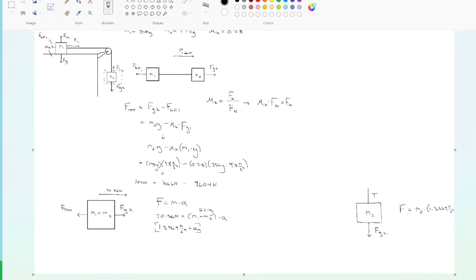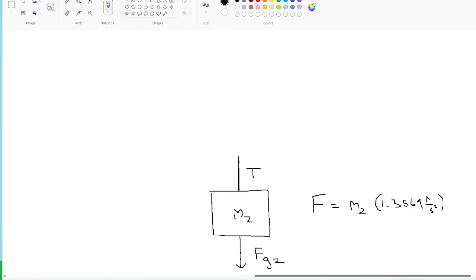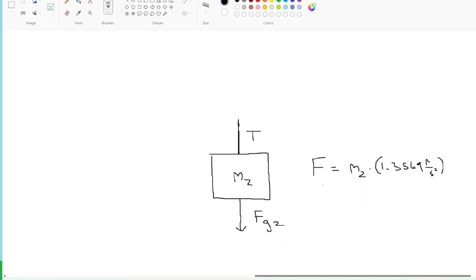1.3569 meters per second squared times m2. It's only falling with this force. It's supposedly supposed to be falling with m2 times 9.8 meters per second squared. This force is a lot less than this one, and in this context, we have to attribute it to something.